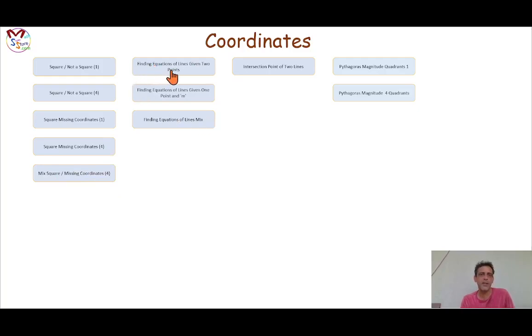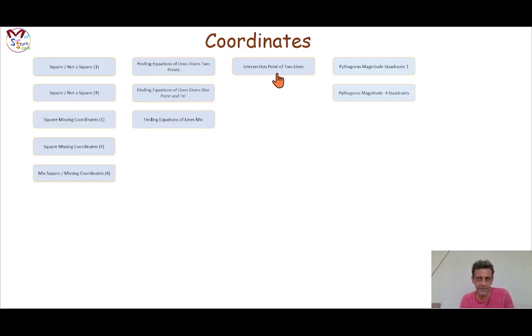We're finding equations of lines given 2 points. Find equations of lines given 1 point and m, and find equations of lines mixed. And these will be in the equations menu as well.